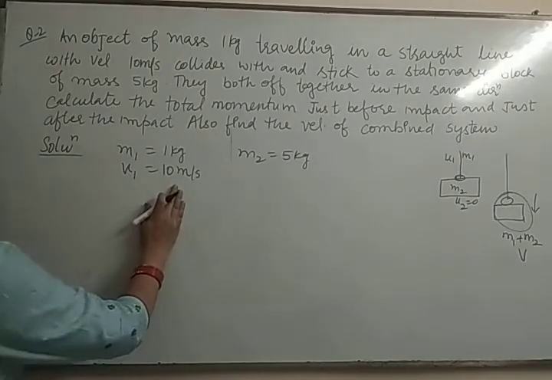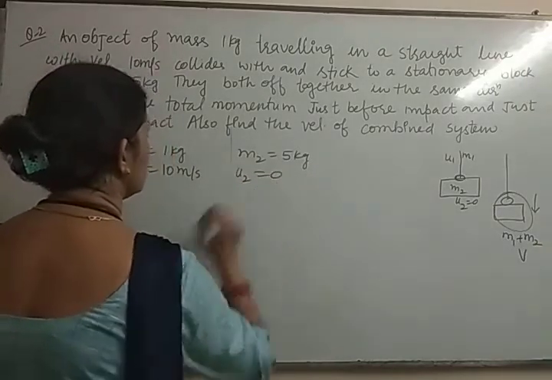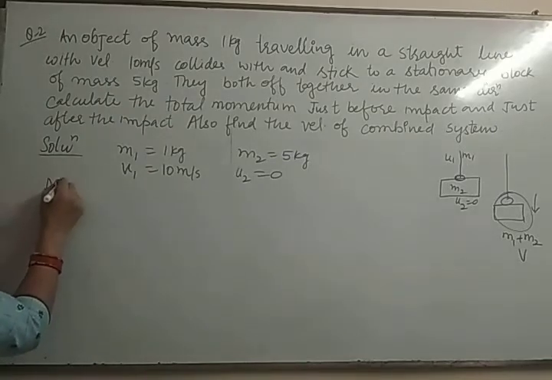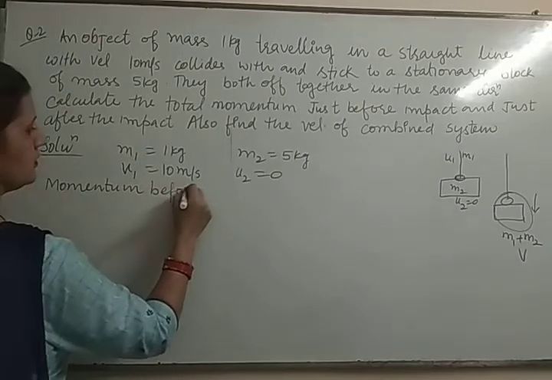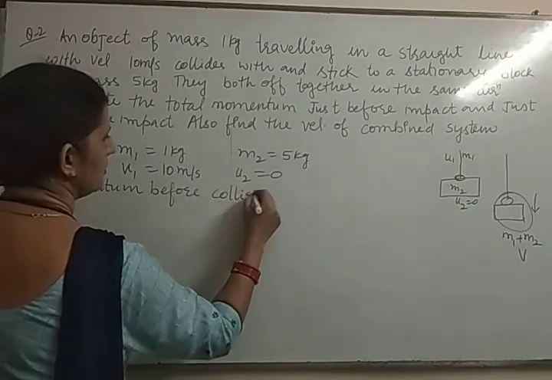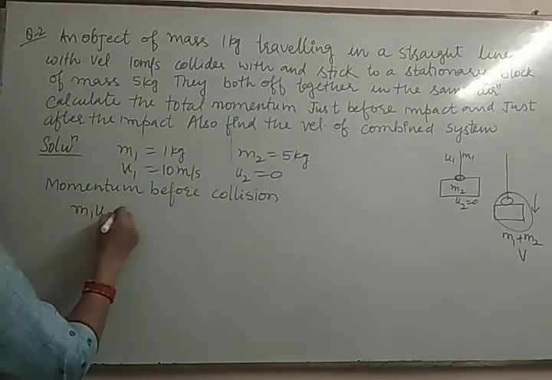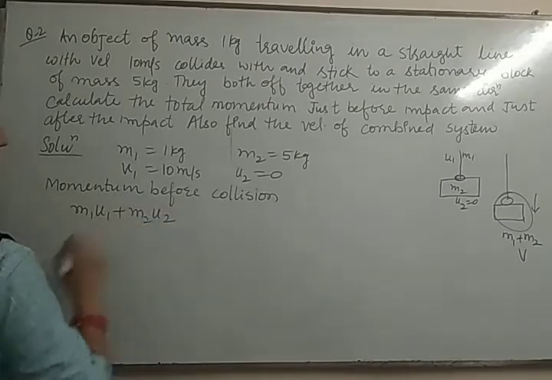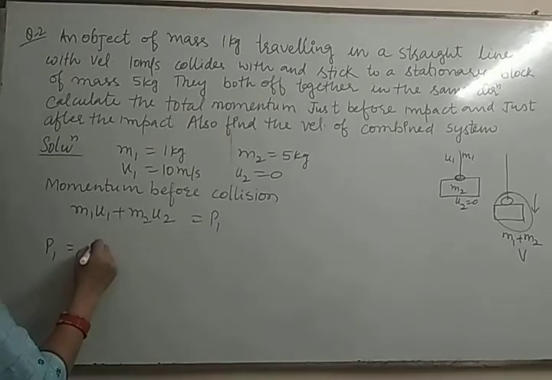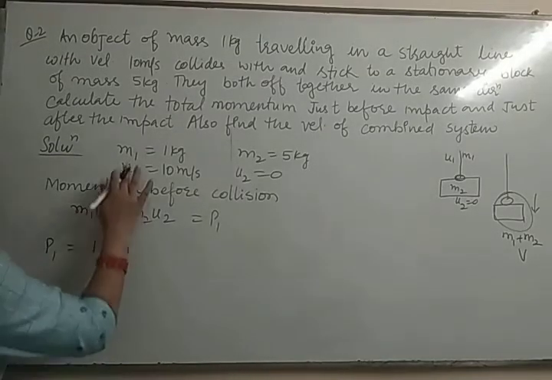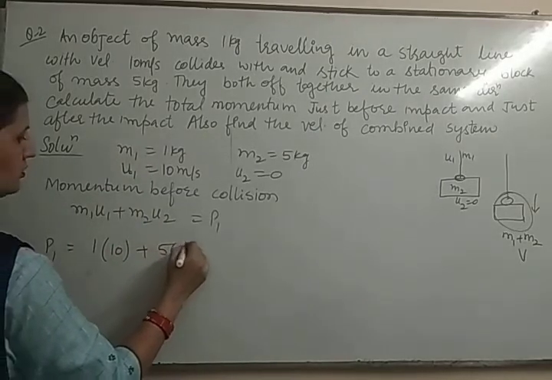So just before the impact, in the first situation, the block was at rest, u2 is 0. So what will be the momentum before collision? The sum of momentum of both the objects. This is m1 u1 plus m2 u2. Suppose this is p1. So p1 is equal to 1 into 10, this is u1, 1 into 10 plus 5 into 0.